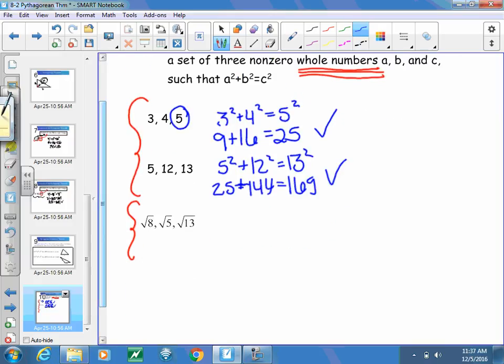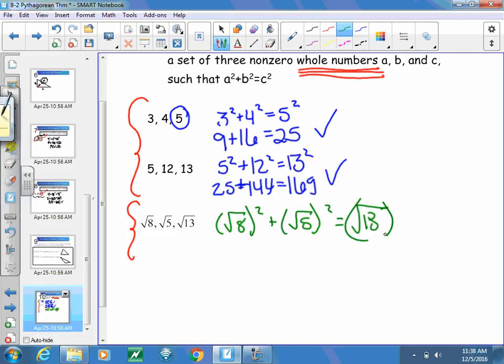Now the last one we can rule out as a Pythagorean triple right away because it is not 3 whole numbers. However, I just want you to see that when we apply the Pythagorean theorem to it, we square the square root of 8, the square root of 5, and the square root of 13.